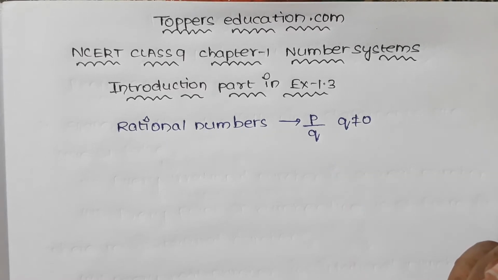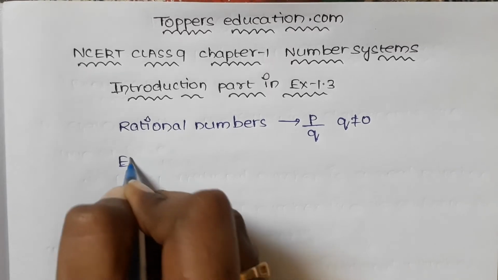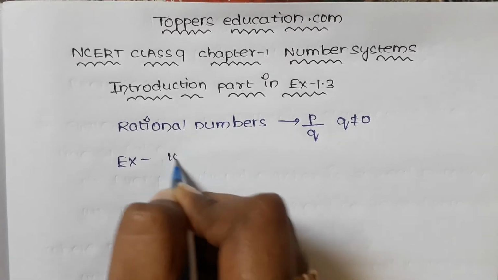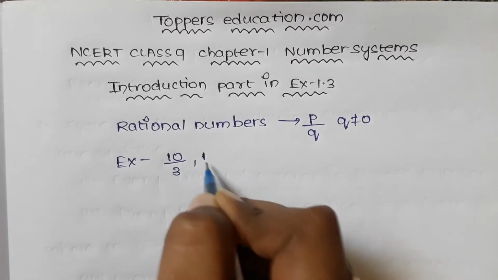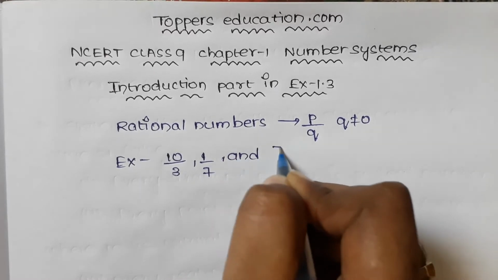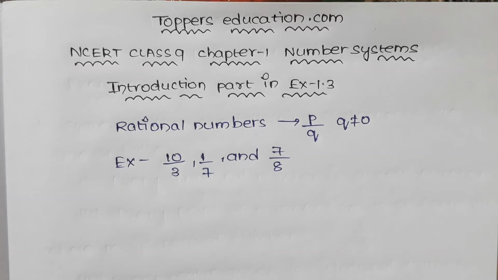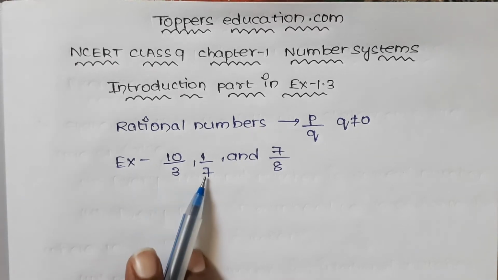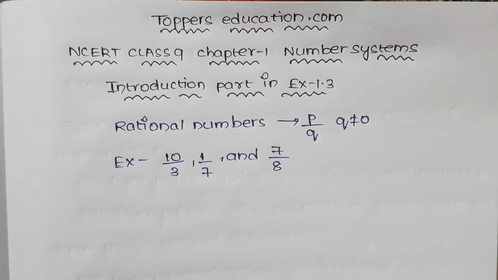Now let us take some examples of rational numbers, that is 10 by 3, 1 by 7 and 7 by 8. Now let us find the decimal expansions for these three rational numbers.